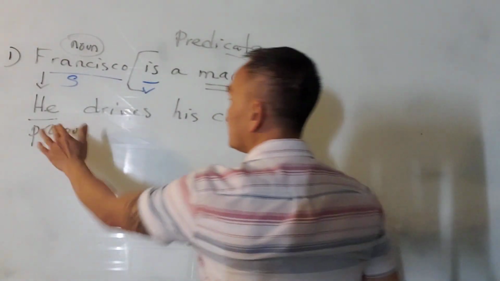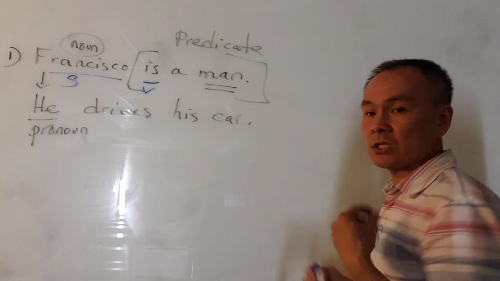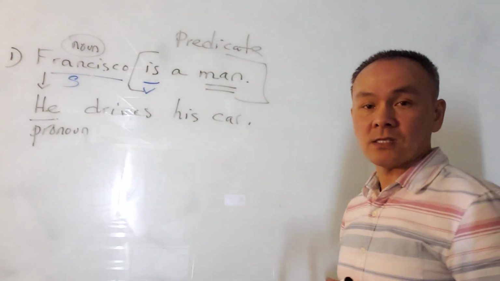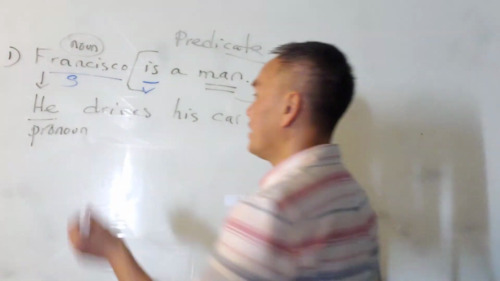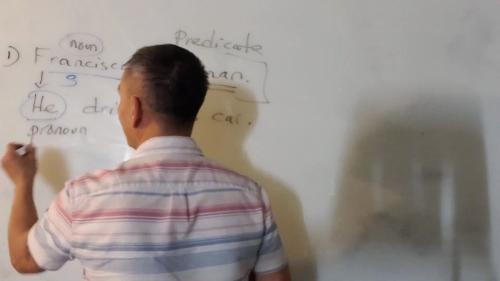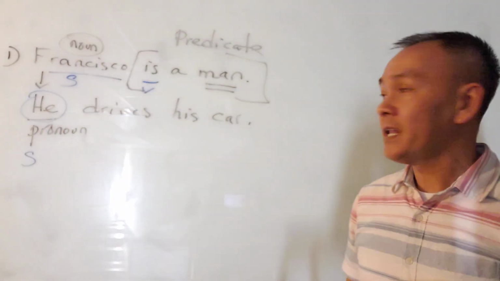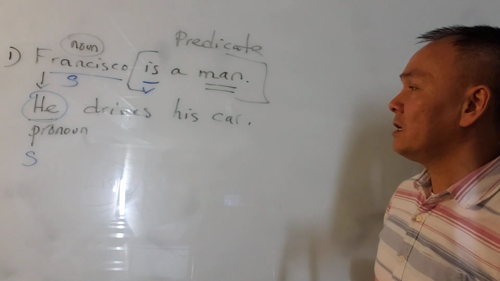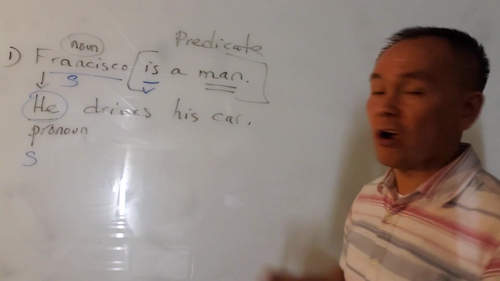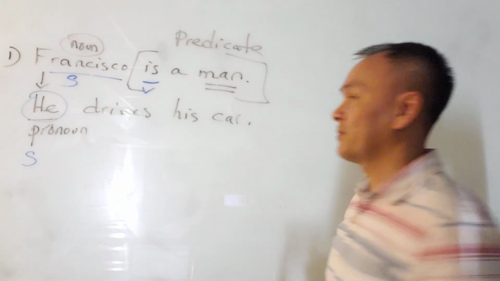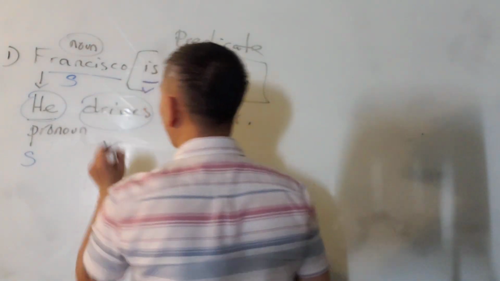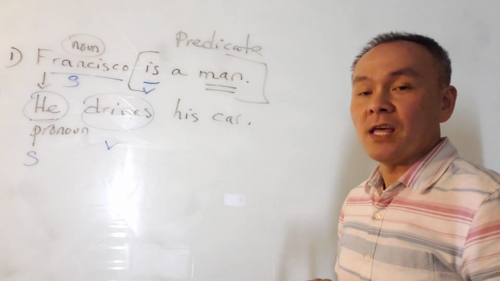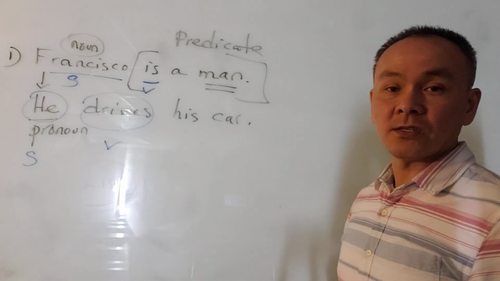So in this sentence, he drives his car. What is the subject? If you say the subject is he, then you are correct. Now, drives his car. What is the verb? If you say the verb is drive, then you are correct. Now, what is the predicate?